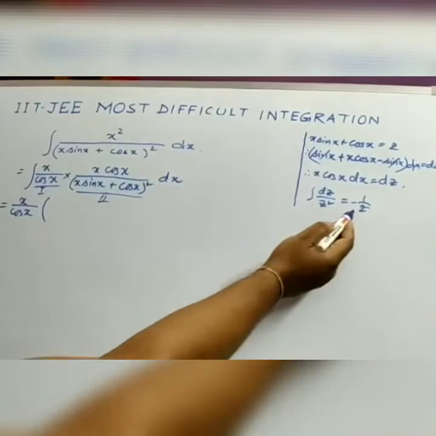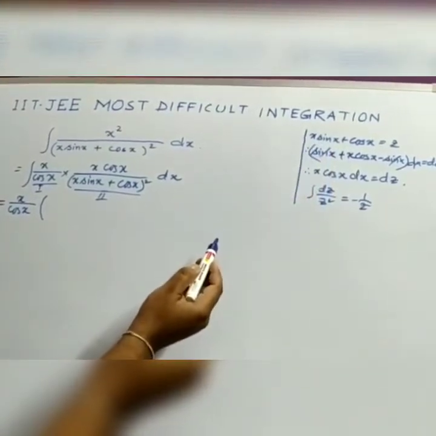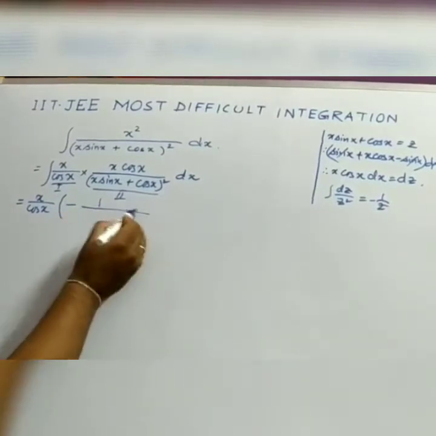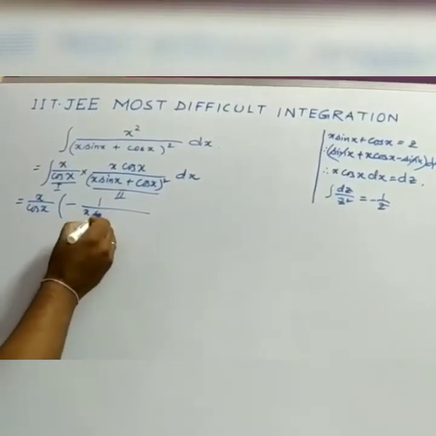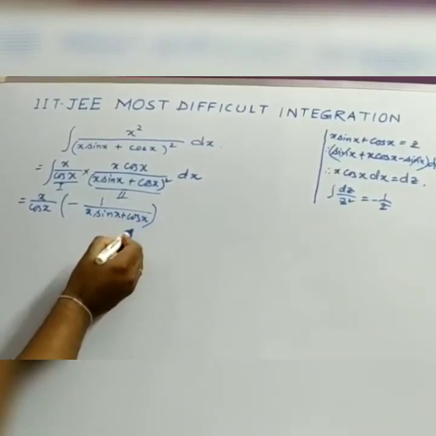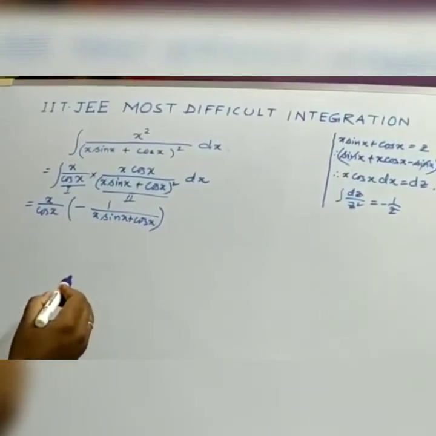Okay, so that z means this x sin x plus cos x, so I am taking here minus 1 by (x sin x plus cos x). Okay, so that comes to the first part.